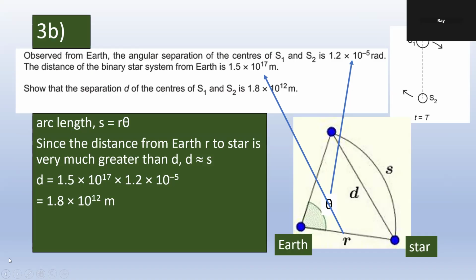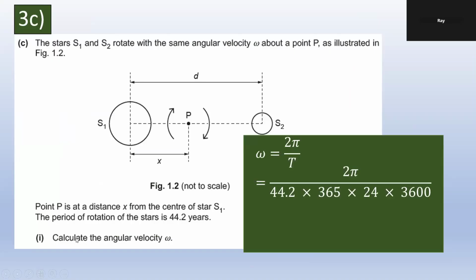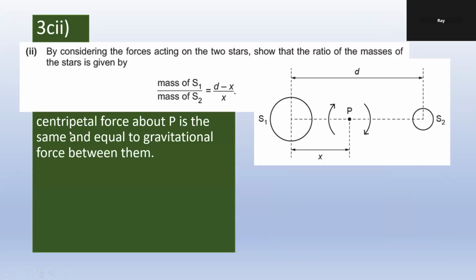Yeah. I go very fast because you already know that we've got less than 7 minutes now. This one, you're okay, no problem. Calculate the angular velocity. This one, you lose another point, right?